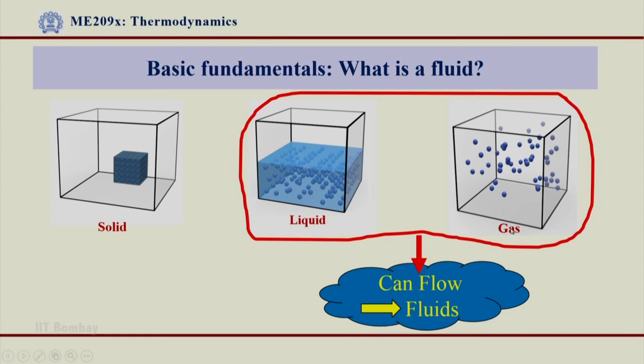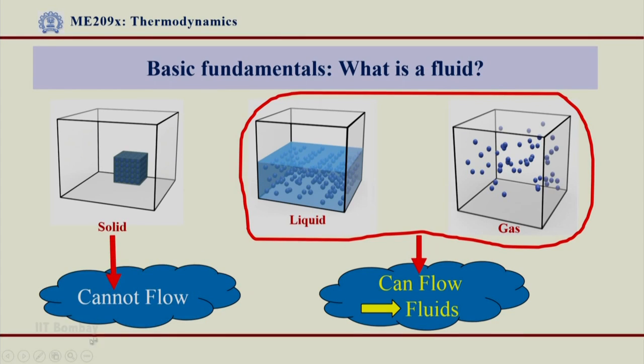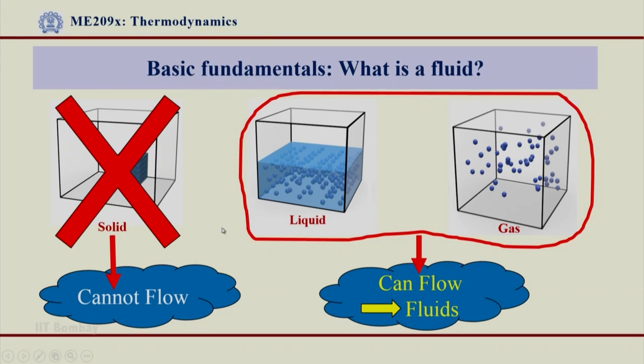So, I will say liquid and gas are called fluids, while the solid could not take the shape of the container because it could not flow, and because it cannot flow, we say that solids are not fluids, but the liquid and gas are. So, my study of fluids will actually refer to the study of liquids and gases only.